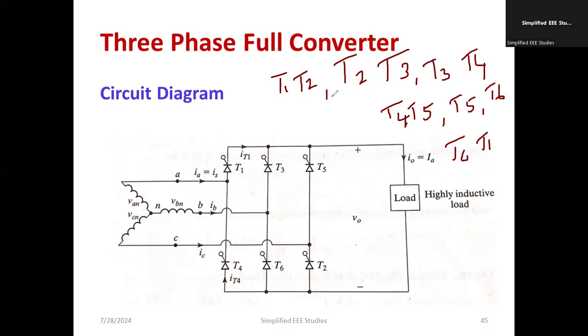Like that, the devices will be activated at a firing interval of pi by 3 radian. This is the basic operation of the three-phase full converter.